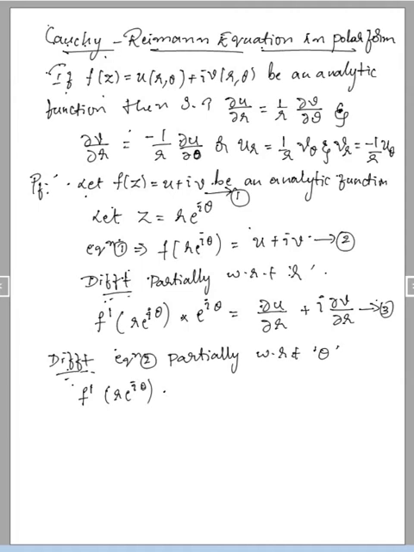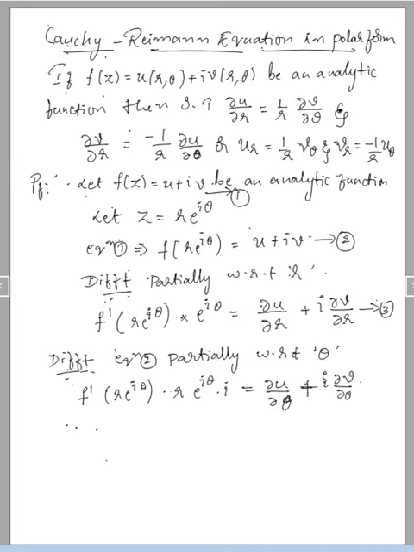Now the derivative of r e power i theta: r is a constant, the derivative of e power i theta is e power i theta into i, as we are differentiating with respect to theta, which is equal to del u by del theta plus i into del v by del theta.